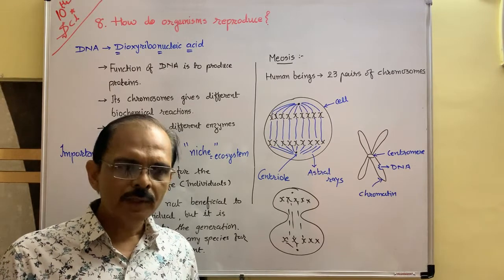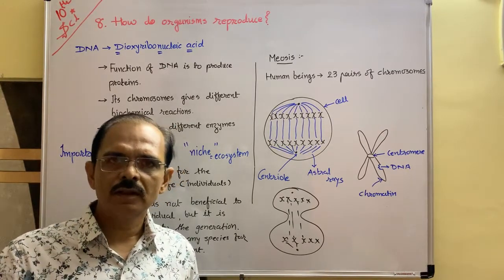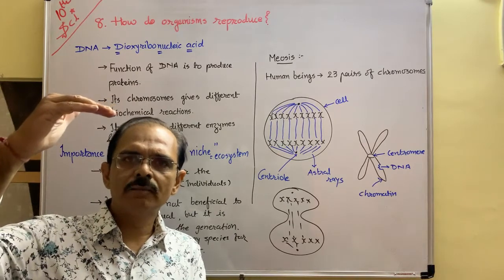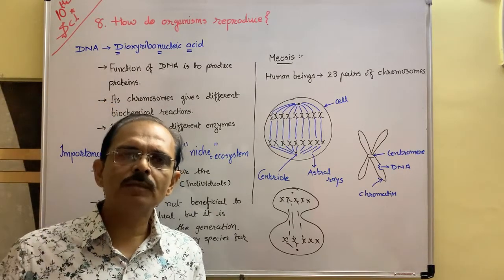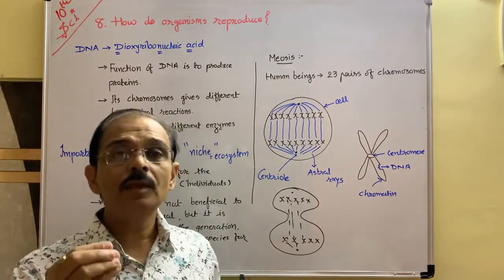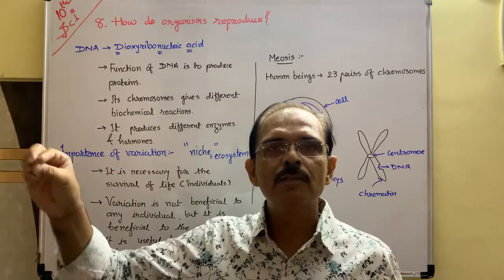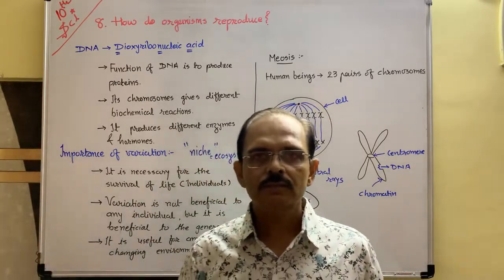If temperature crosses the limit of favorable temperature, then most of the bacteria would die, right? But some of the bacteria try to survive in this drastic, high temperature.